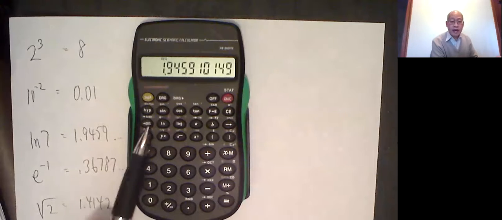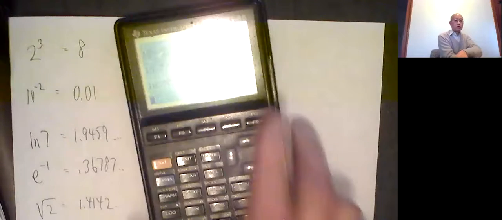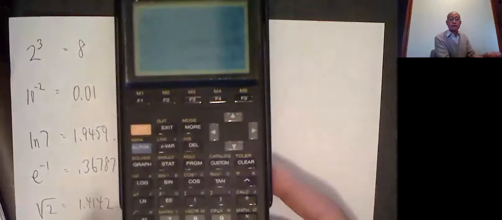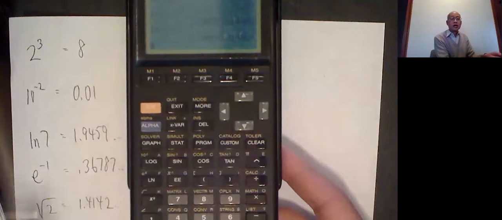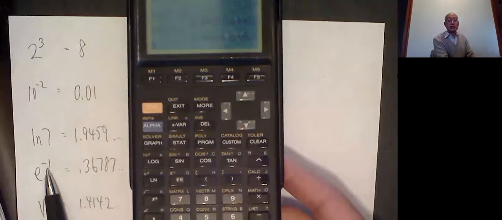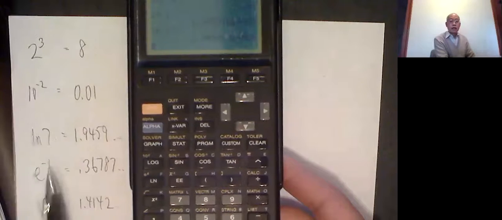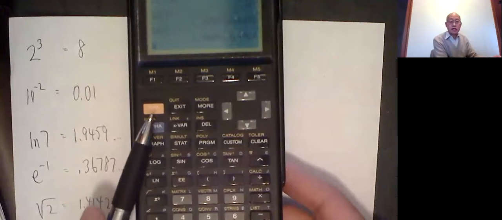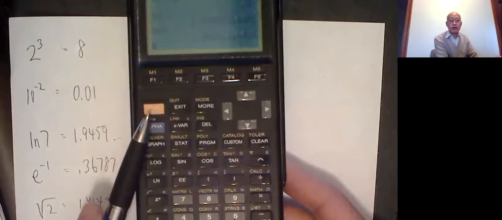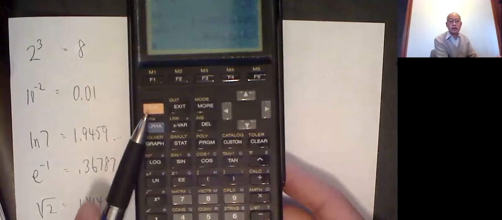Right above the ln button says e to the x, and that's also true for this calculator. So let's suppose I want e raised to the -1 power. In order to get this, you have to use the second function. It's normally in the upper left, and I've seen all kinds of colors: yellow, red, green, blue.